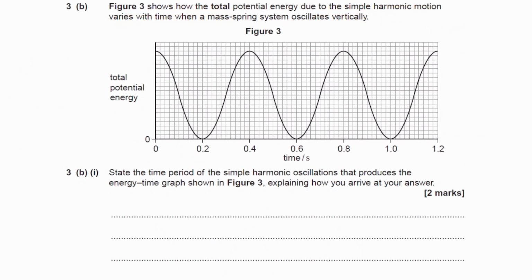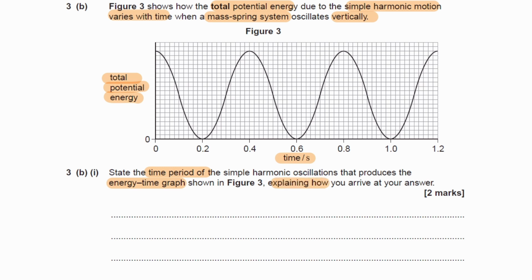Figure 3 shows how the total potential energy due to the simple harmonic motion varies with time when a mass spring system oscillates vertically. So we have total potential energy on the y-axis, and then we have time in seconds on the x-axis. The question is asking us to state the time period of the simple harmonic oscillations that produces the energy time graph shown in figure 3.